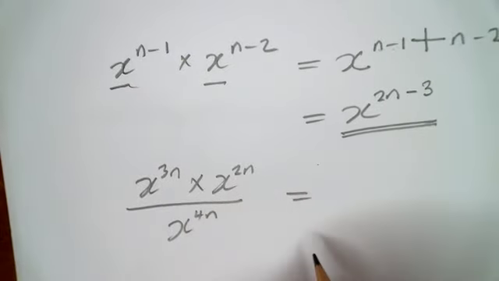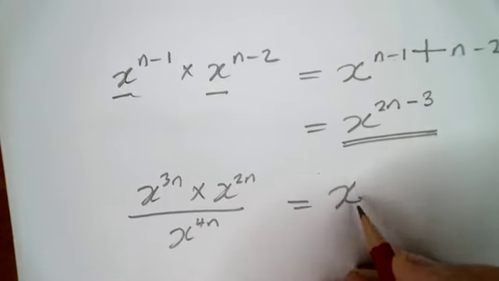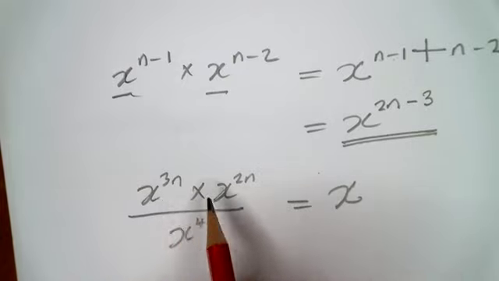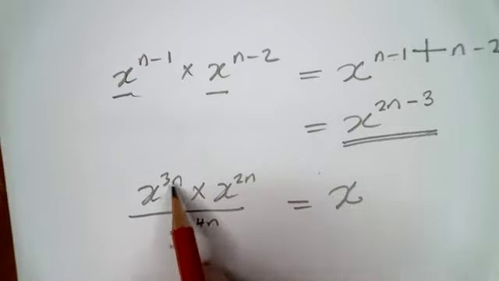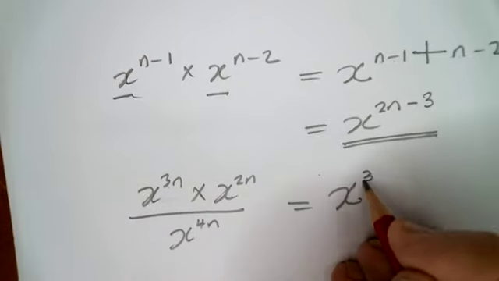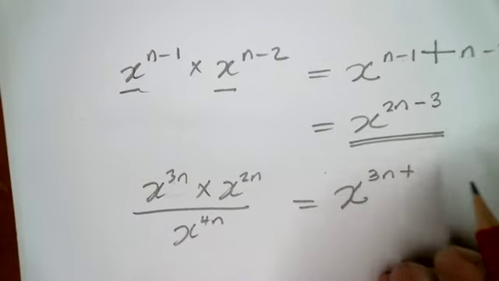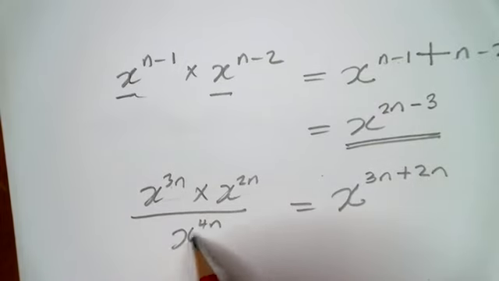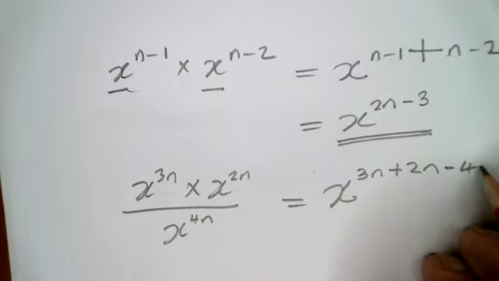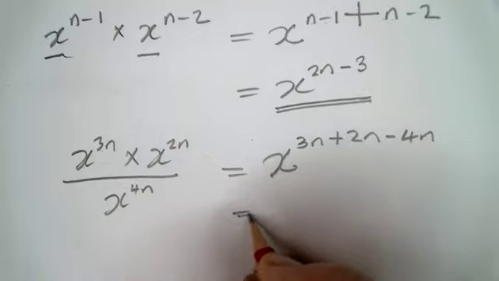Well, we've got a common base, an x. Here I've got these two multiplied by each other, so the bases are the same, so I can add the powers. So that's going to be 3n plus 2n. And I'm dividing it by this thing here, but the base is still the same, so I can just subtract the 4n. So I end up with an x.